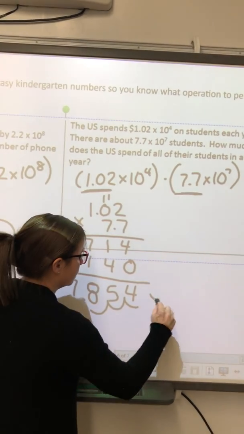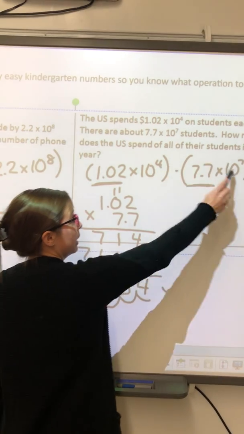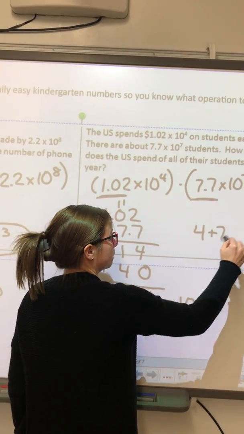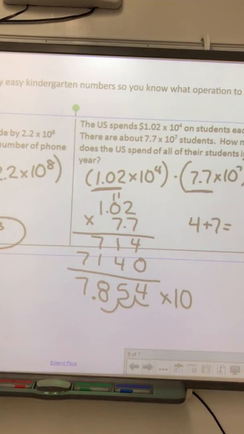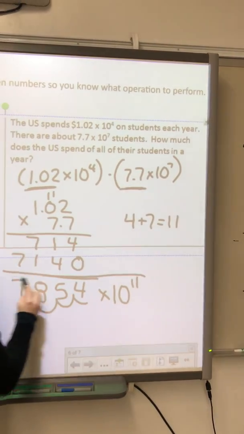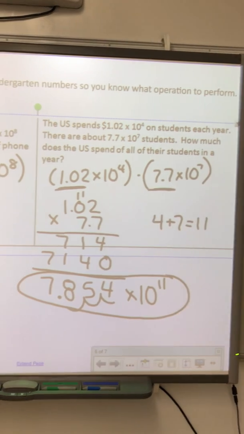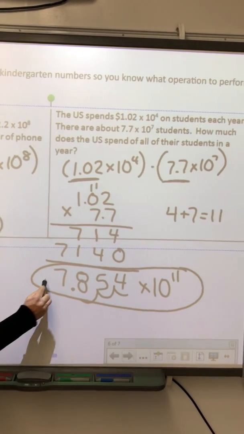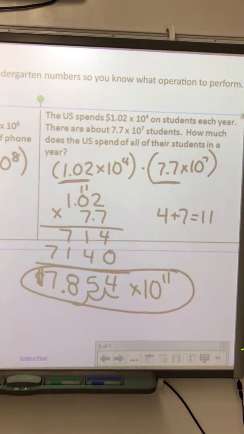Always times 10, I'm going to add my exponents. 4 plus 7 is 11. They spend 7.854 times 10 to the 11th dollars.